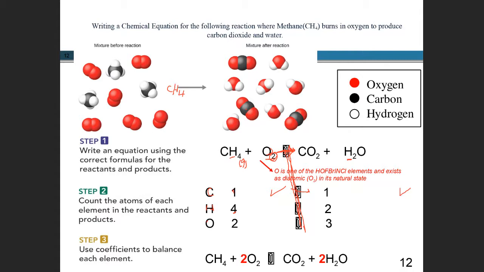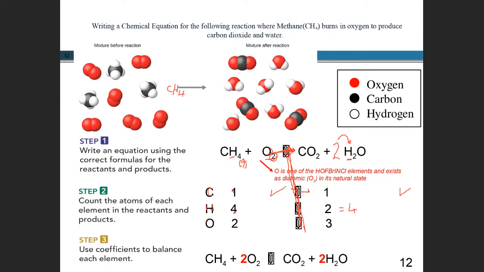To balance that, I'm going to put a coefficient, which is a number, to make it balance. I'm going to write the number 2. So this 2 is mathematically multiplied with the hydrogen, which is 2, so 2 times 2 is 4.